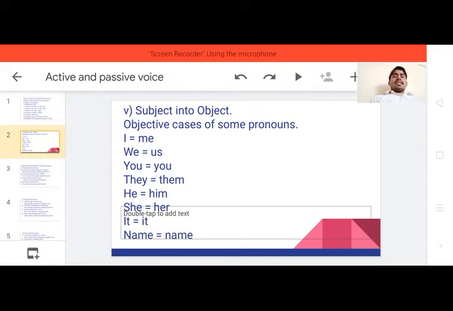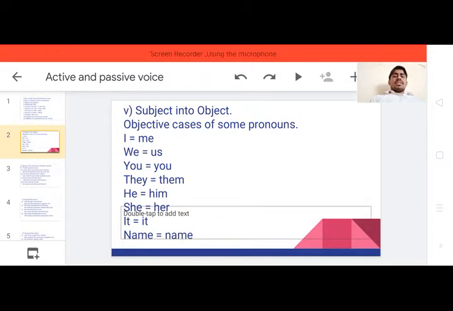Rule number 5 is subject into object. It means the subject of the active sentence, you will put it in the object place.